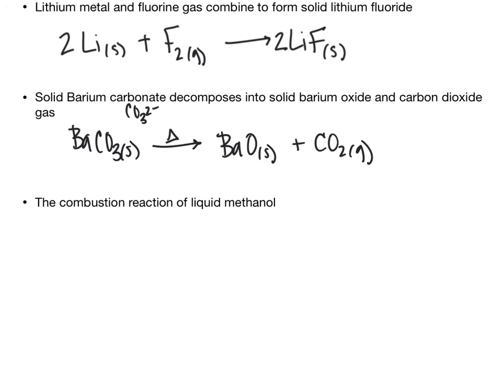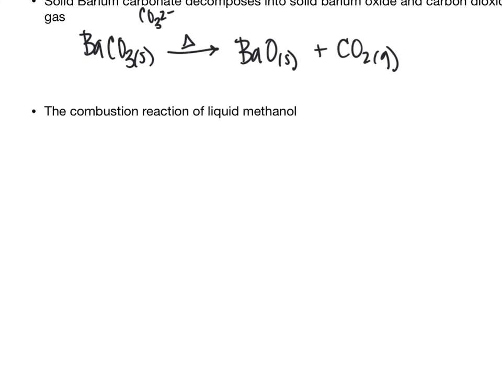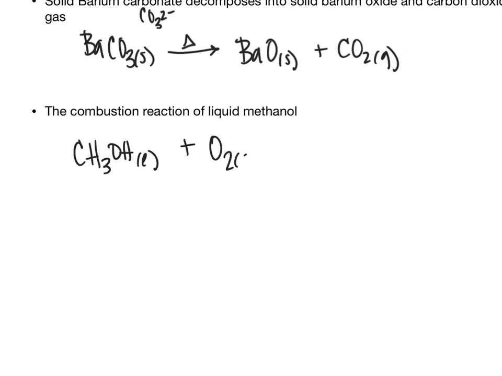And so the combustion reaction of liquid methanol would look something like this. Methanol is CH3OH, liquid, plus O2, gas, gives us CO2, gas, plus H2O, gas. And then this equation will need to be balanced.